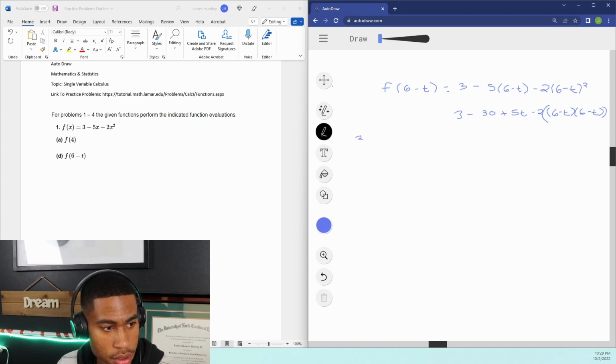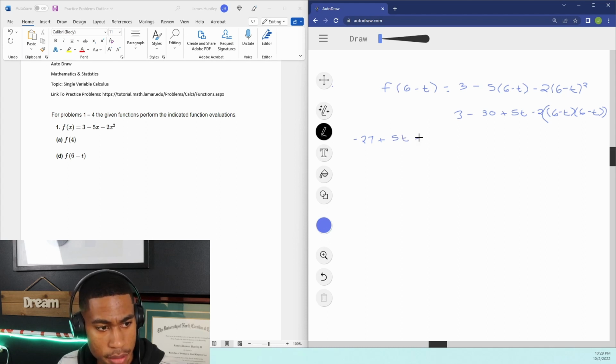So 3 minus 30 is just negative 27. Plus 5t.